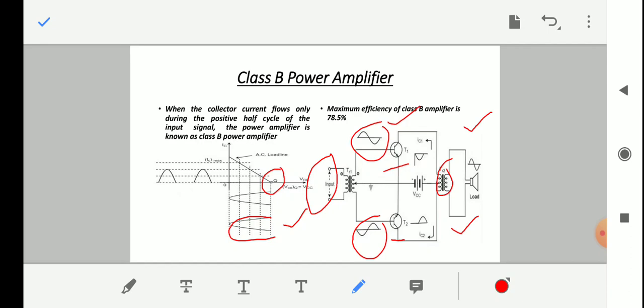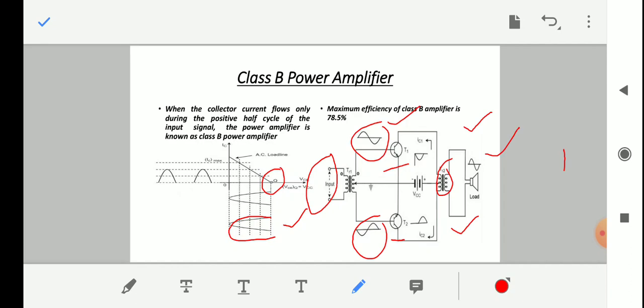Now coming to the next half cycle. For the next half cycle, T1 will be off and T2 will be on, and the next half cycle of collector current is received at the transformer TR2 primary winding. Now these two half cycles of collector current are combined in the transformer TR2 secondary winding at the output section to receive a continuous output signal.